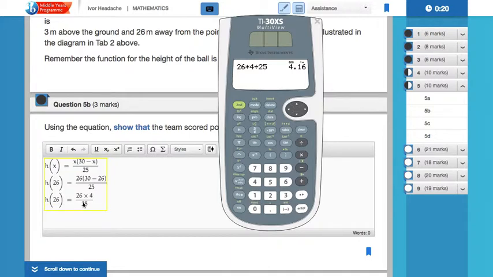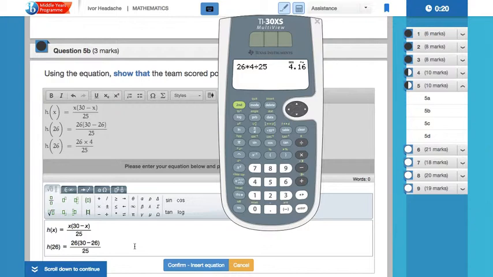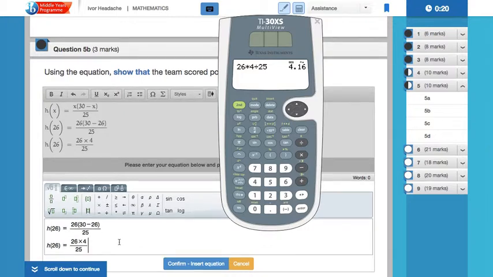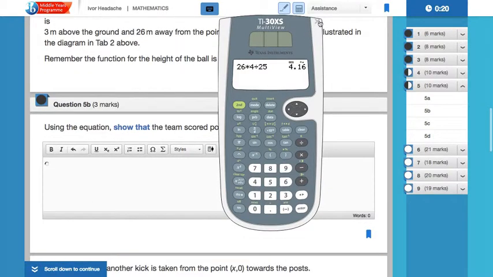In fact, I think I'll just go back into my equation there and put in 4.16 because that's just as easy to do. So I'll do a new line and then just copy and paste that, but replace that with 4.16, and there we are. Insert that, close my calculator down.